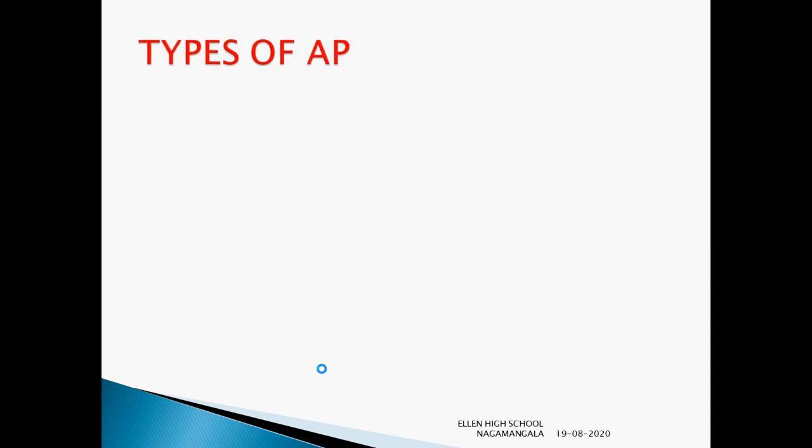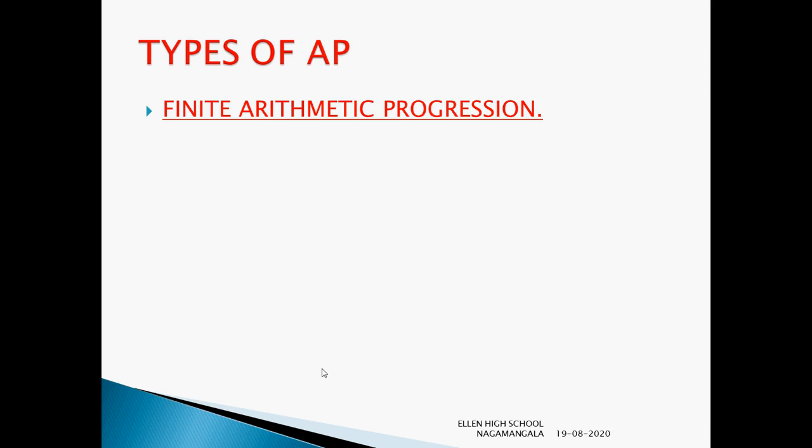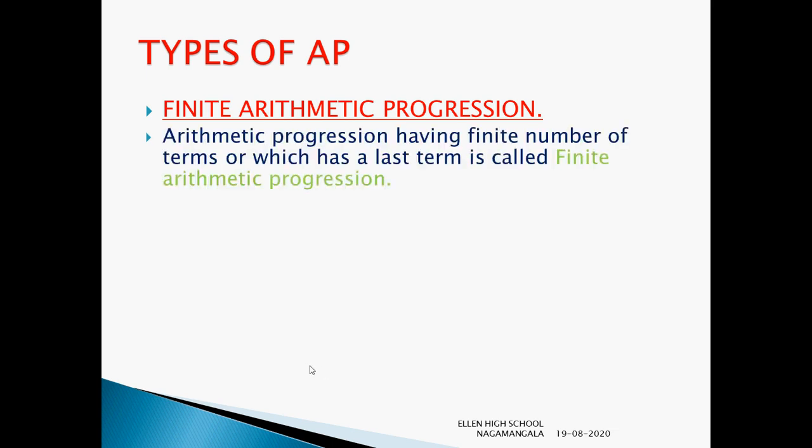We have two types of AP. One is finite arithmetic progression, that means finite AP. What is a finite AP? It has a last term in the sequence. See the example: 2, 3, 4, 5, 6, and after the dots we have the last term 16.